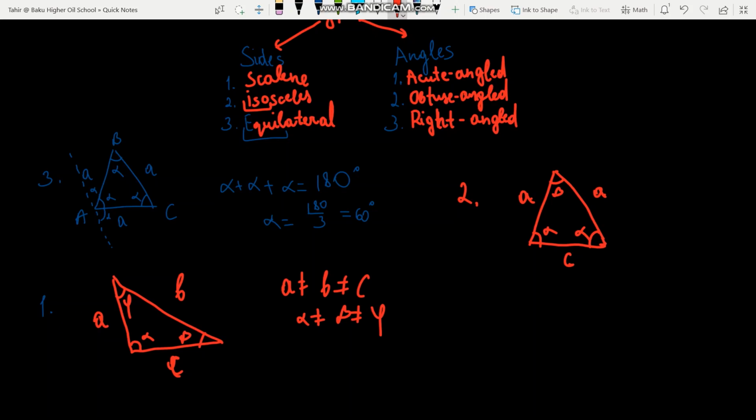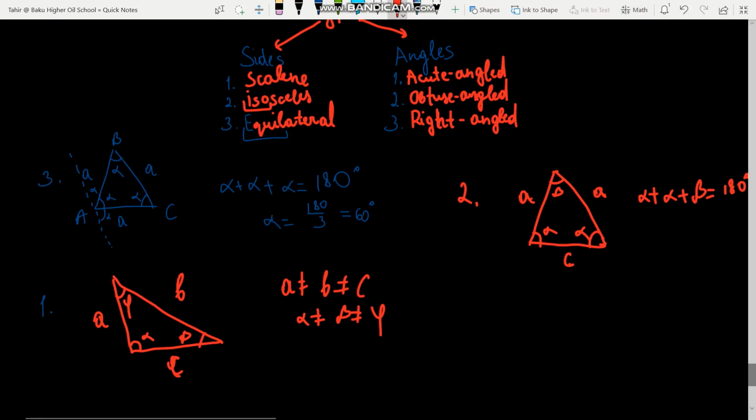Always remember that if the lengths of the sides are the same, the angles opposing them will be equal. And also here the sum of angles is equal to 180 degrees, and this holds for all 2D triangles.